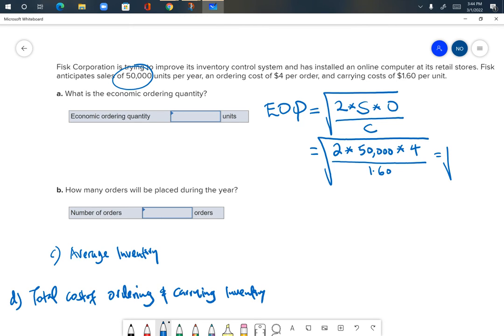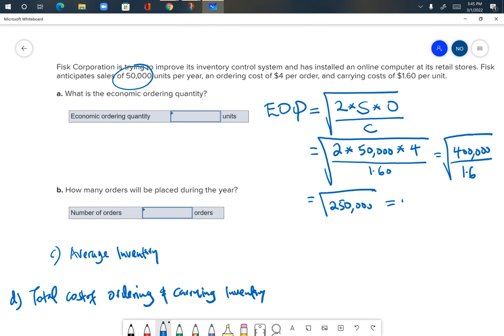So you take 400,000 and divide this by 1.6. If you divide 400,000 by 1.6, you find this to be 250,000, and therefore we are looking at the square root of 250,000, which comes out to be 500.